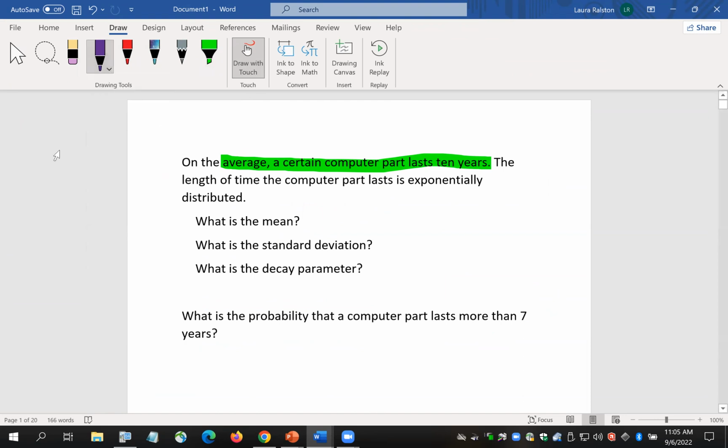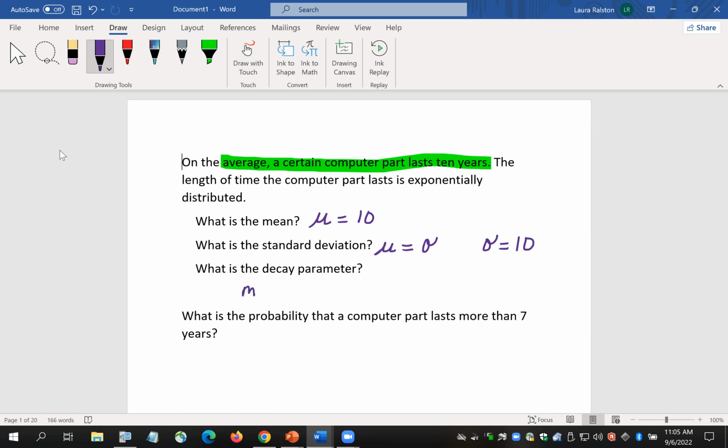And so our mean, which is represented by the Greek letter mu, is 10. The standard deviation for the exponentially distributed variable, remember the mean is equal to the standard deviation. And so for this problem, the standard deviation would also be 10.